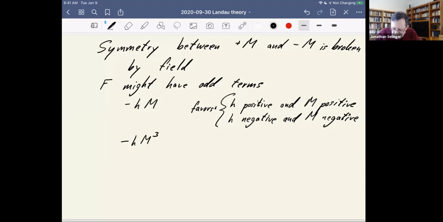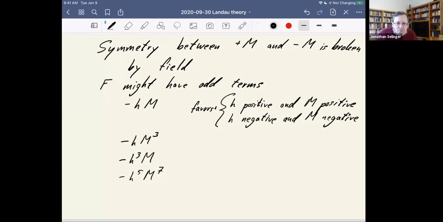Or it could be something like negative H cubed M, or negative H to the fifth, M to the seventh, or anything with odd exponents on both of these factors. Now, all of these things are possible.